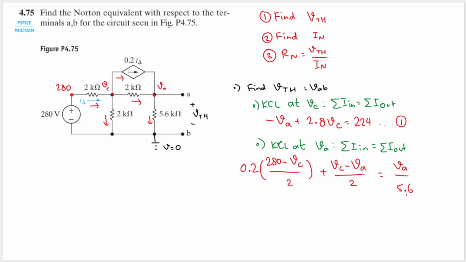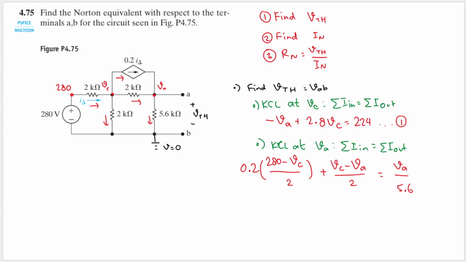Okay, now let's do some simplification. Maybe let's just multiply this inside.